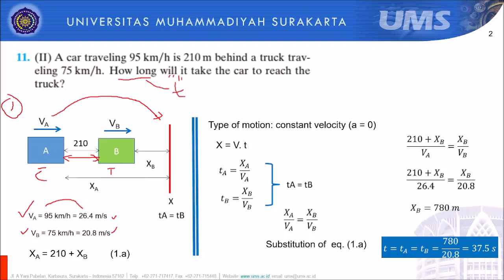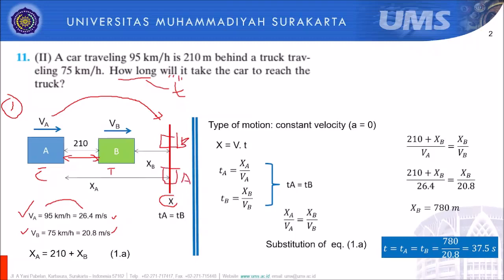So from this description, you can write here. Assume at this position, this point, the truck and car have the same position. This is B, this is A, for example.